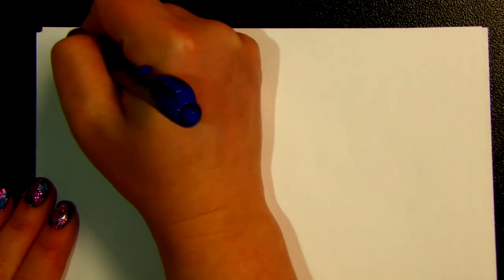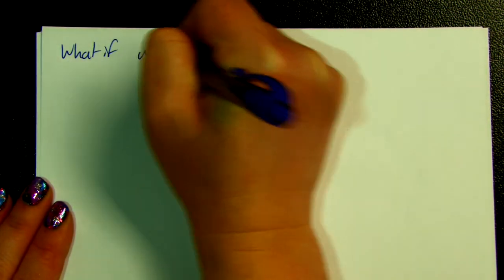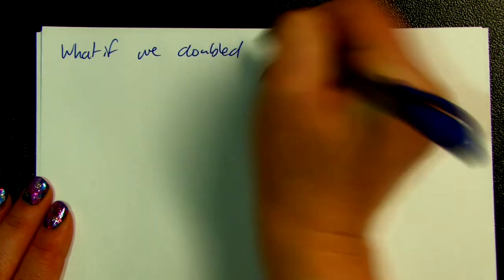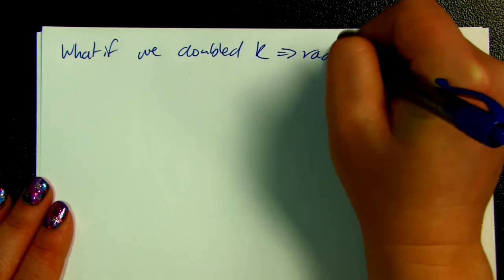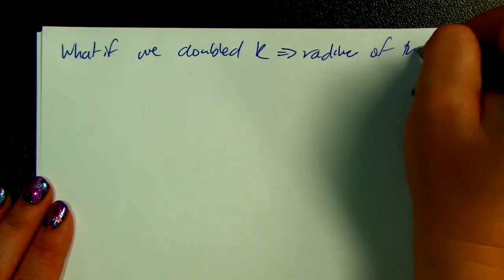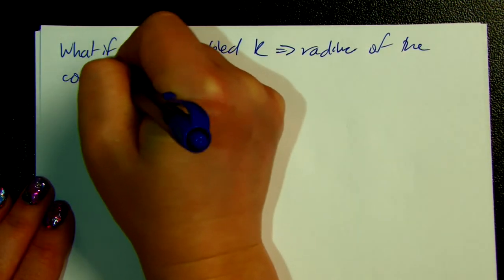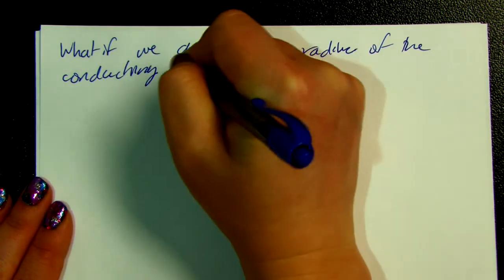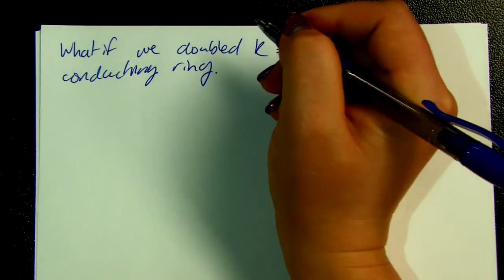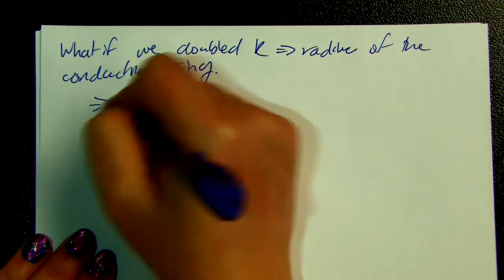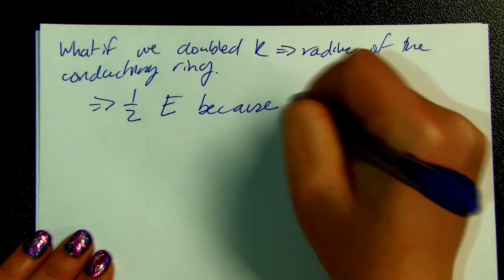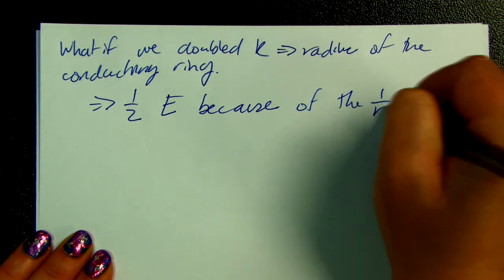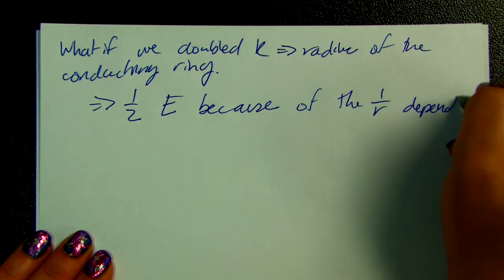So what if we doubled R, the radius of the conducting ring? Well, we would get 1/2 E because of the 1 over R dependence that we talked about last time.